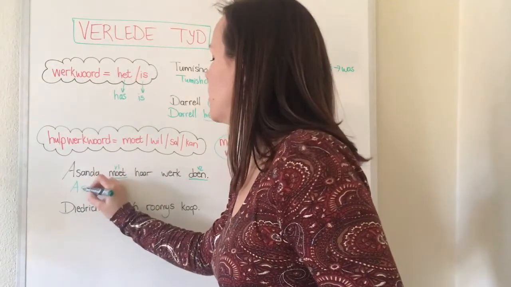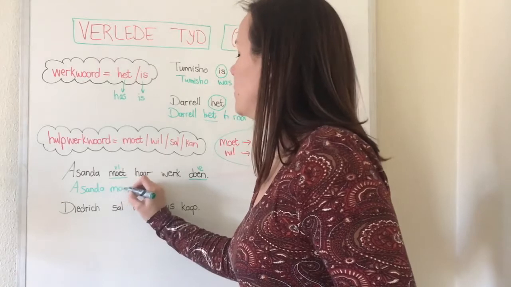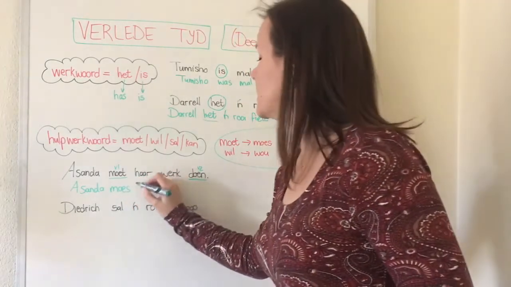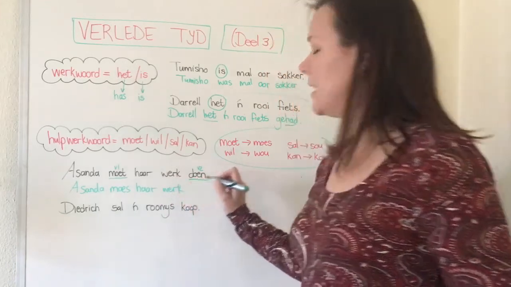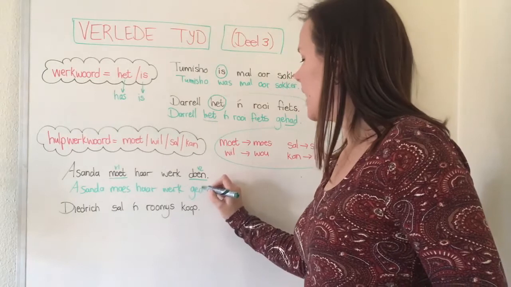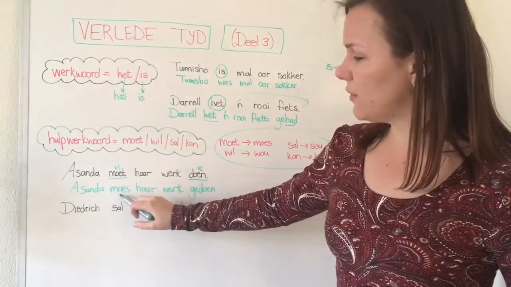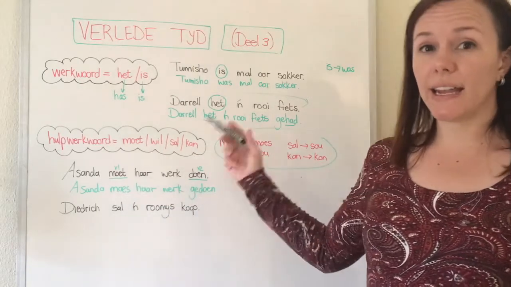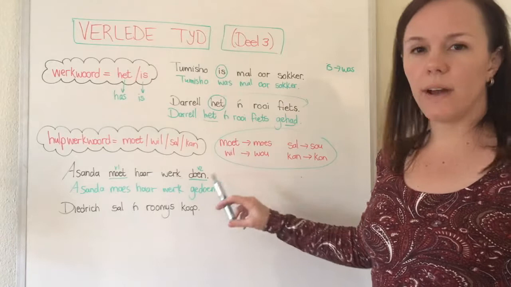So I'm going to start with Asanda moes. Then I have the rest of my sentence, haar werk. And then I need to add ge to my main verb, which is doen: gedoen. And then, because there's already an auxiliary verb there, I cannot add het there. I cannot say, Asanda het moes haar werk gedoen.